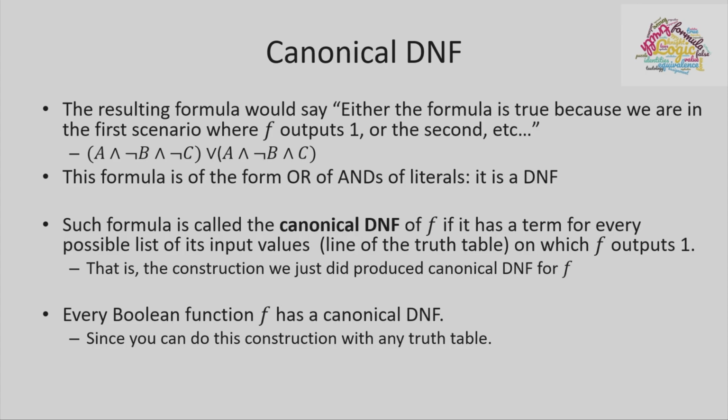Every Boolean function f has a canonical DNF, because you could start with a truth table, look at the lines that have 1, and for those lines, write your formula. What if there are no lines which are 1? Well, you could just write something that's always false.